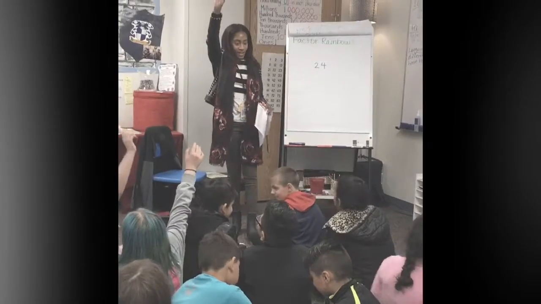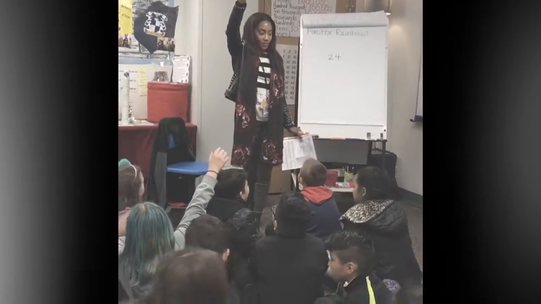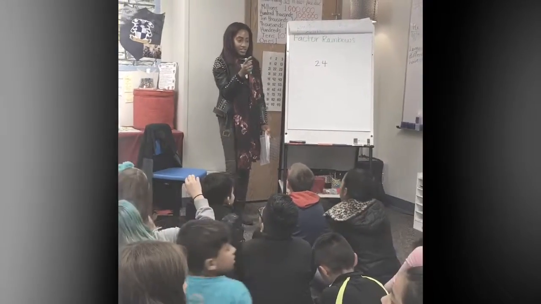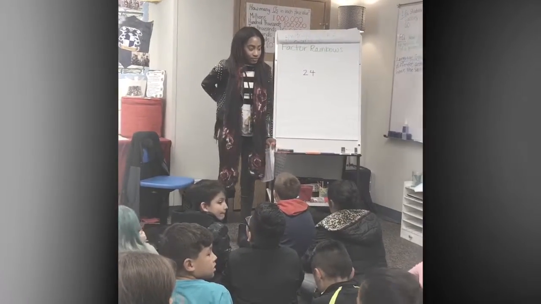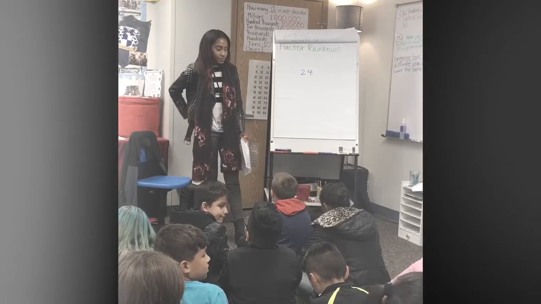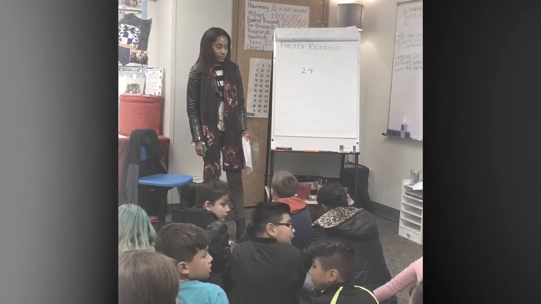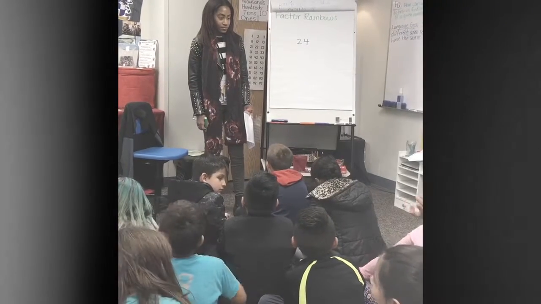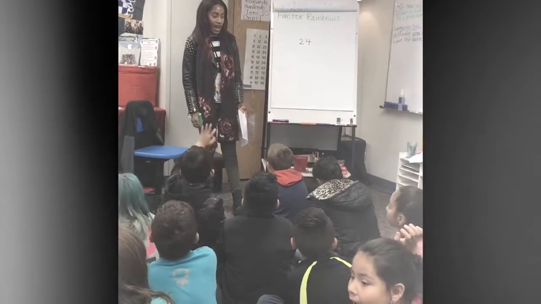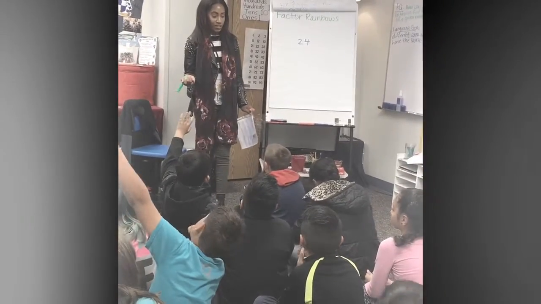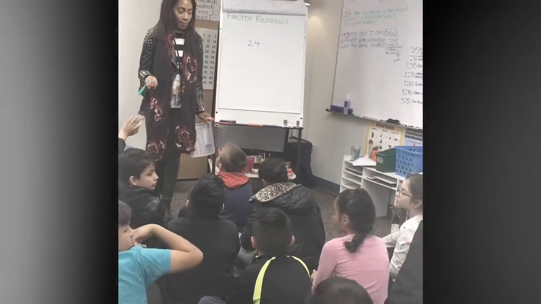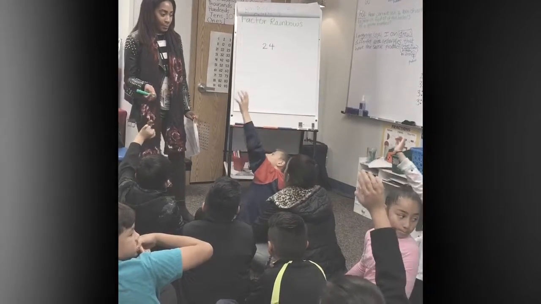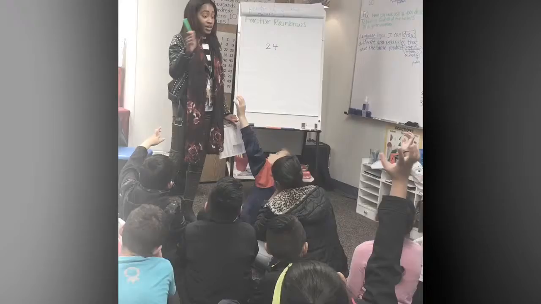We're turning our bodies back this way. When we hear factor rainbows, what are we thinking, Trey? So we're gonna write a line of factors, starting with 1, so it's gonna be in number order.